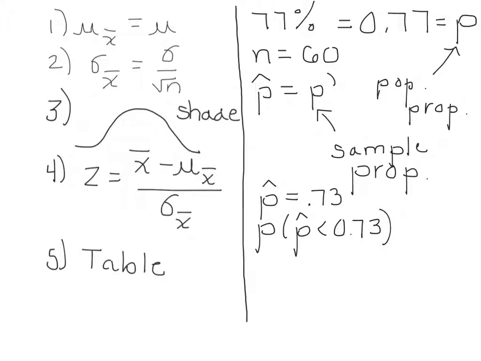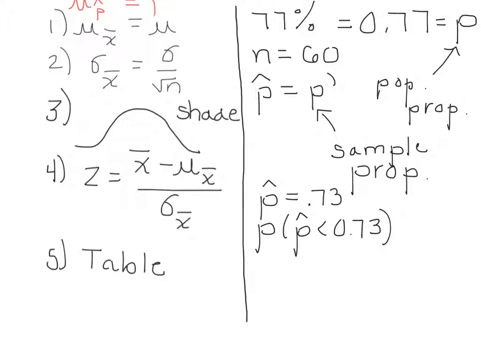Now, the process that we use to answer a question like this is very similar to the process that we've used to answer a question about getting a particular sample average. So I'm going to add to our 5-step process here the changes that we need to make when we're dealing with proportions instead of means. What we're interested in is the mean of the sampling distribution for sample proportions. You're going to see that they use mu sub p hat.